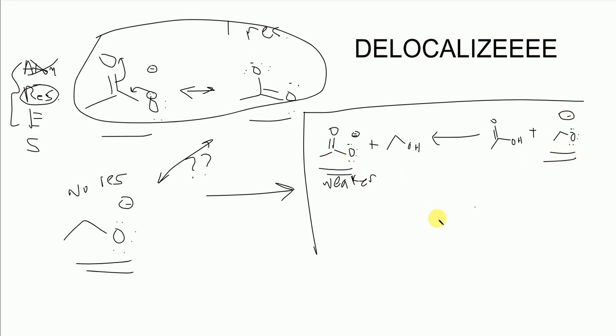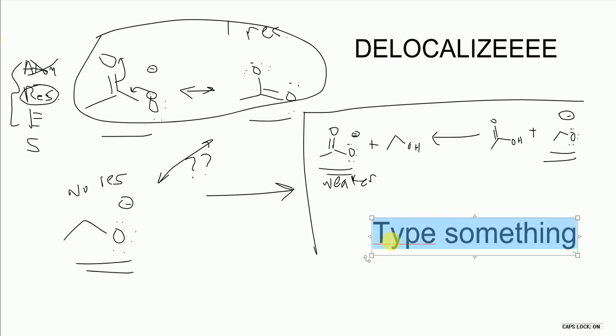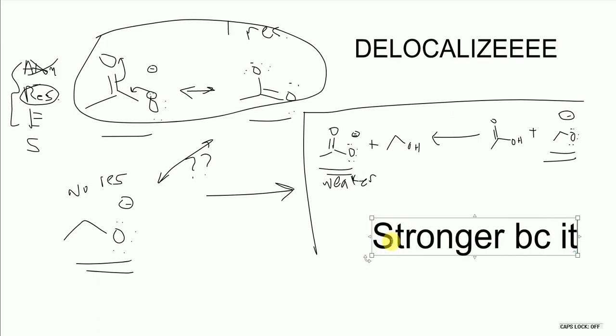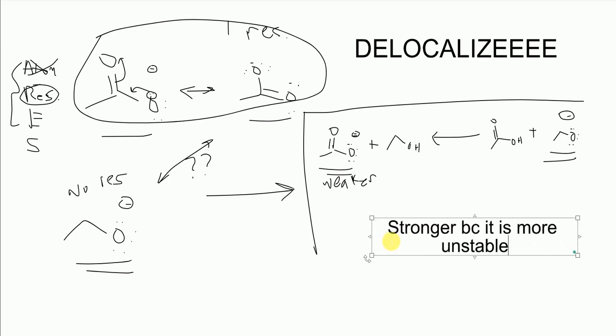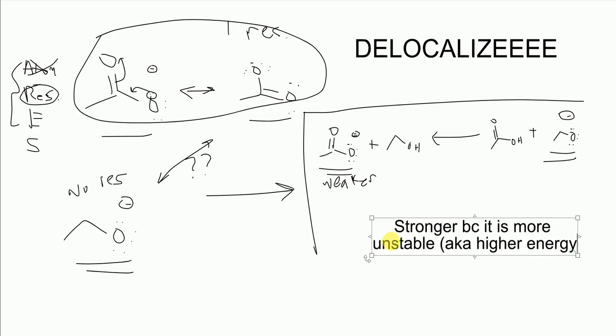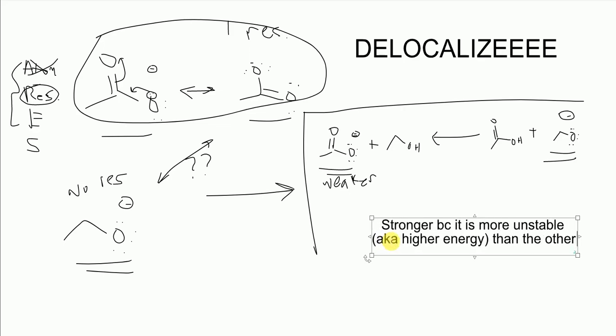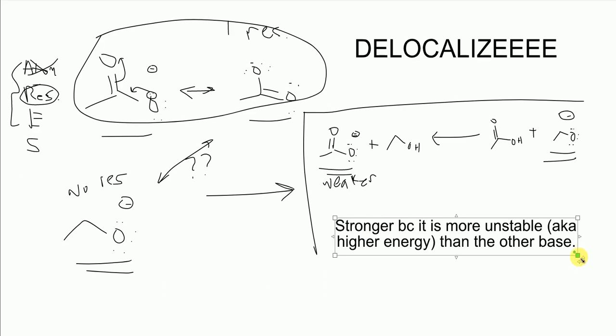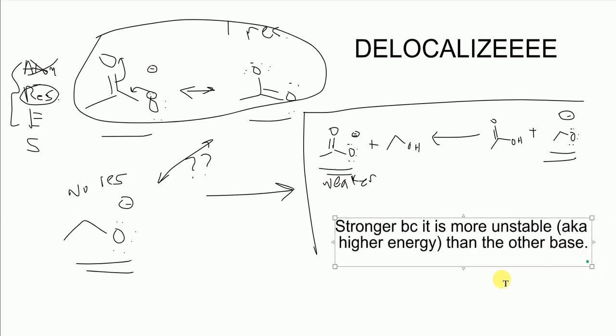This one's stronger because it is more unstable, aka higher energy, than the other base. Okay? So because it's higher energy, it's more unstable, that means it's going to be a stronger base, right?